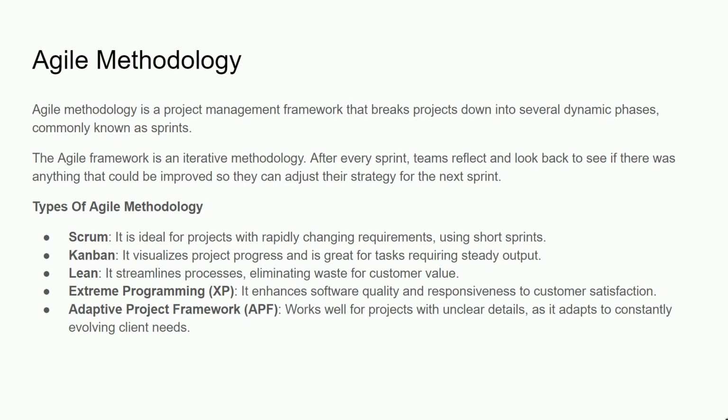In agile methodology there are several dynamic phases which are known as sprints. So agile methodology is an iterative methodology. After every sprint, the team reflects and looks back at what could be improved, so that they can adjust their strategy for the next sprint.